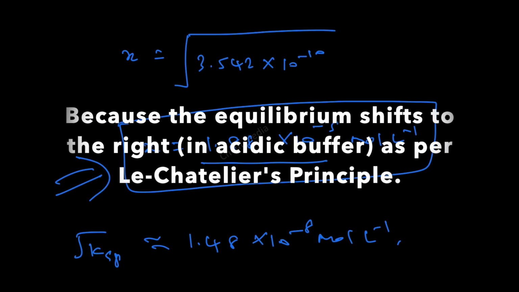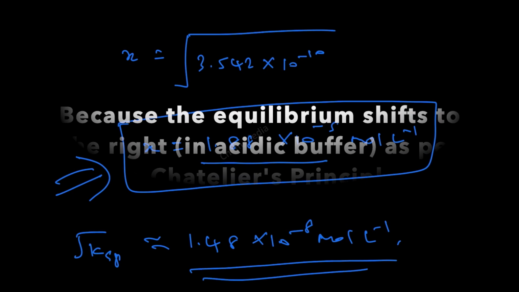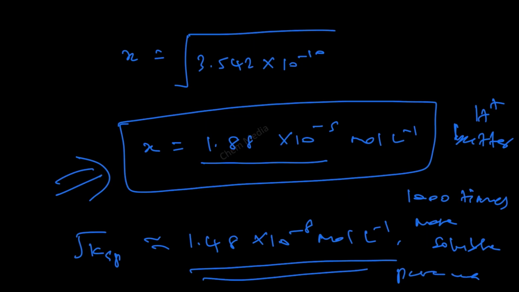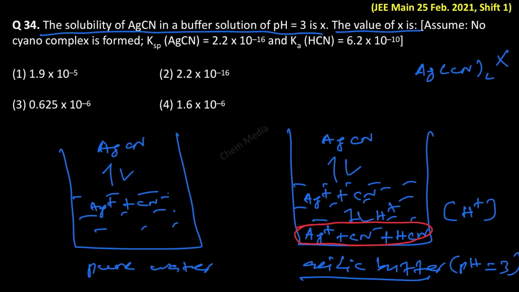Compared to pure water, this is in pure water. In buffer, this is 1000 times more soluble. This is in acidic buffer, this is pure water. So, that is what we need to understand here. Okay. Therefore, option 1 is correct. This is a tricky question for sure, but if the examiners have decided to make the paper tough, then they can ask these kind of questions for sure.